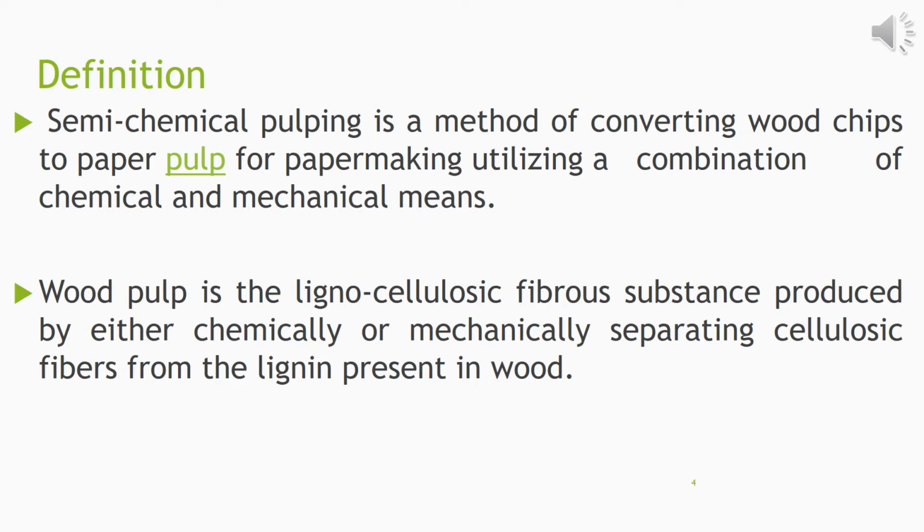So the semi-chemical pulping is actually a method in which wood chips are converted to the paper pulp. We convert wood chips into the paper pulp using semi-chemical pulping and many different procedures of pulping.